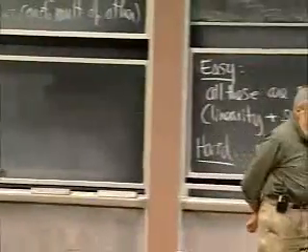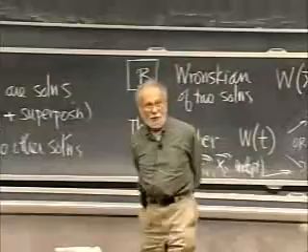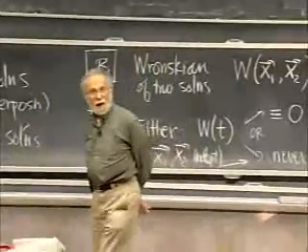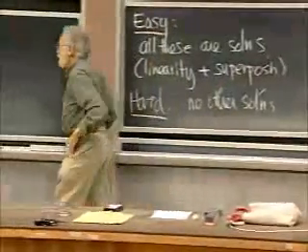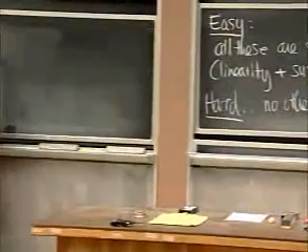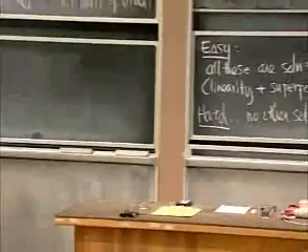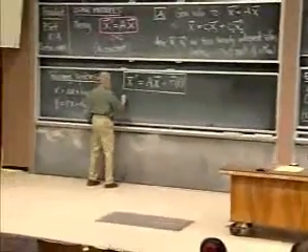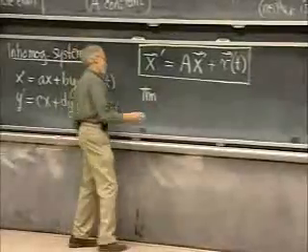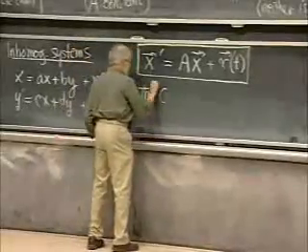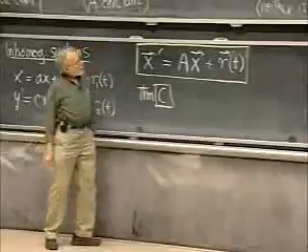Think back to what we did when we studied inhomogeneous equations, when we were not talking about systems, but just a single equation. So I guess there are going to be three theorems today, not just two. Theorem C. Is that right?